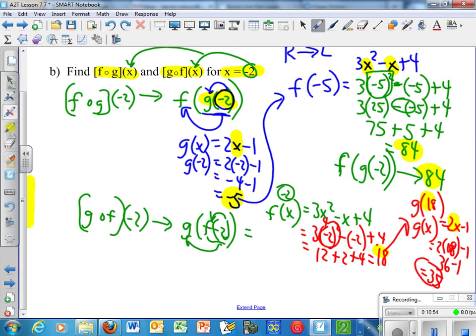So when I do g of f of negative 2, my final output is 35. I put negative 2 into f. Whatever that outputted went into g, and there's my final answer, composition of functions. Okay, a fairly long lesson, but you have to be very organized to understand composition of functions.